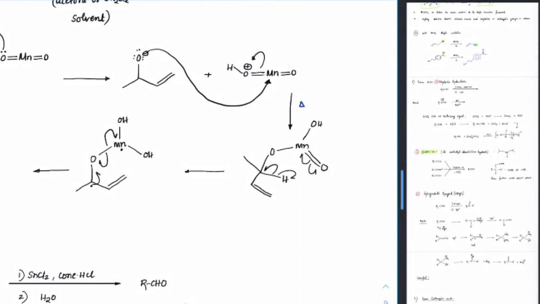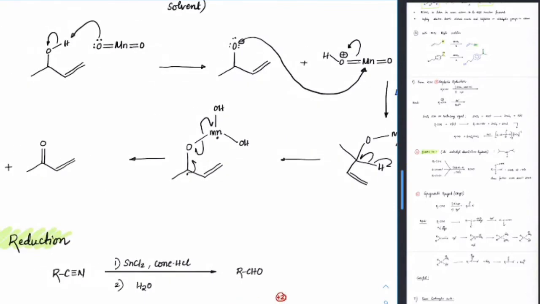Then homolytic fission is taking place, radical formation is observed, where this H radical will go on to this oxygen and becomes OH. Manganese will have one radical point, this carbon will have this radical point, and this radical here with oxygen, by breaking this bond, will form a double bond O here, and manganese will take away one more electron, right?